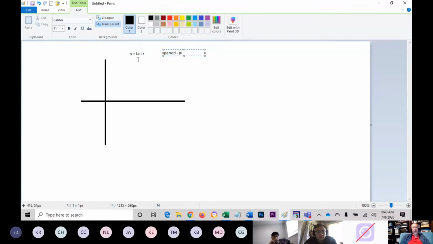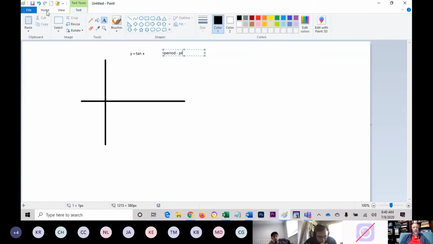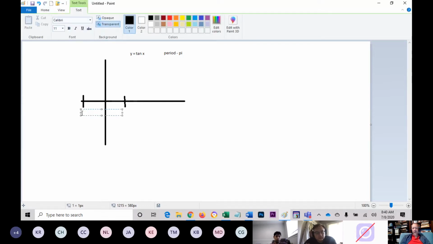Period is pi. Okay. So from the origin, where am I going to draw my asymptotes? You would put them at negative pi halves and then pi halves. Perfect. So this is negative pi halves, and this is positive pi halves.